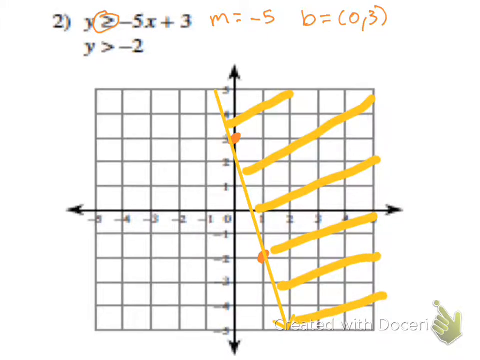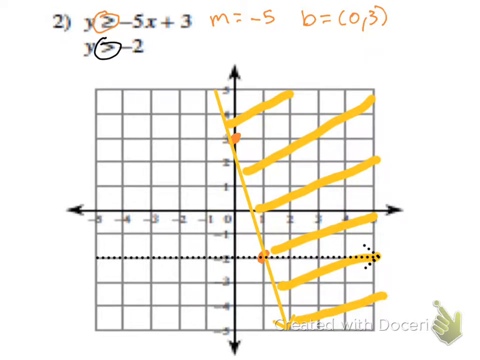All right. My next line is y is greater than -2. Since it is just greater than, we will have a dashed line. And remember, y equals a number is a horizontal line. So I will have a horizontal line going through -2 on the y-axis. And again, because this is greater than, I'm going to shade above the line.